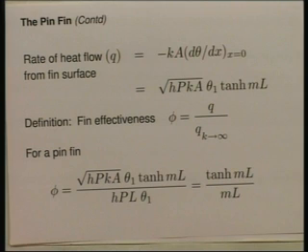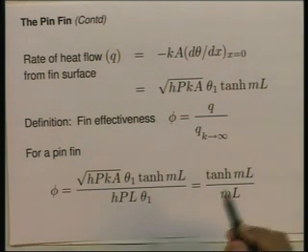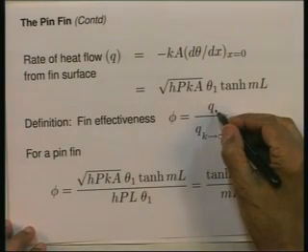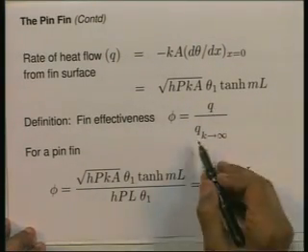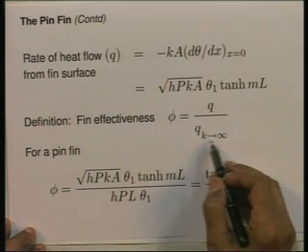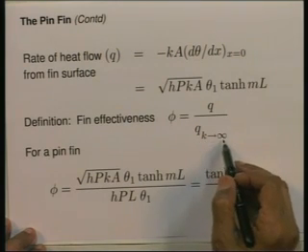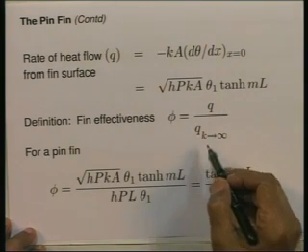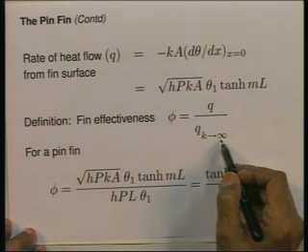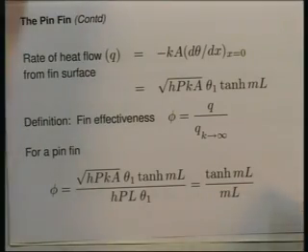We say the fin effectiveness phi is equal to the actual heat flow rate Q from the fin surface divided by the Q you would get if the thermal conductivity of the fin material is infinity. Q upon Q which would be obtained if the thermal conductivity of the fin material is infinite. Mind you, suppose the thermal conductivity of the fin material is infinite, then again to go back to the sketch of the fin here, what would be the temperature distribution?